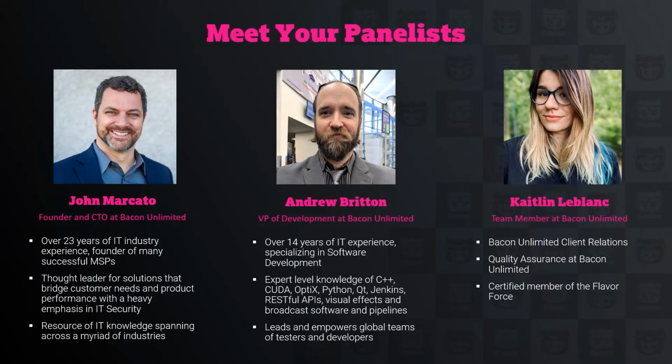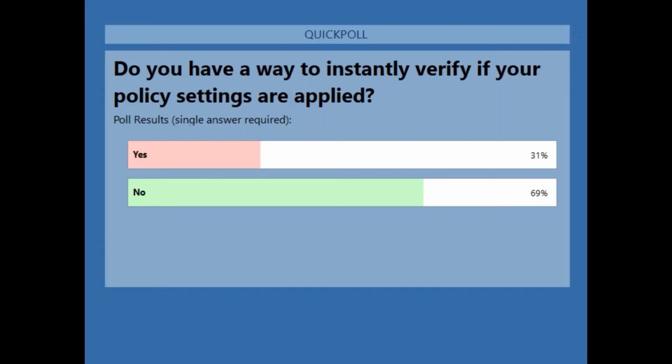More than two-thirds, about 70%, do not have a way to verify that. It's a common problem, and as you can probably guess, since we asked it, that's something we address really effectively with Bacon. If you're interested in adding that to your capabilities, that'll be something you'll start to see today and can dive into more on additional webinars.